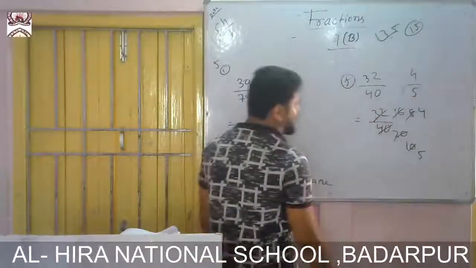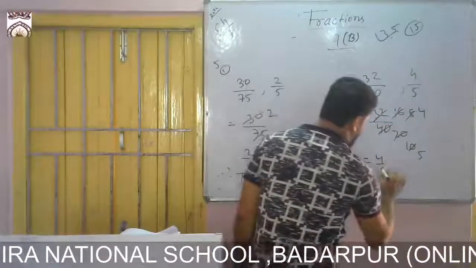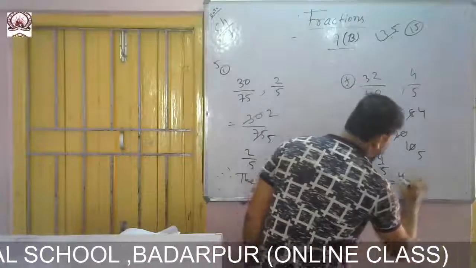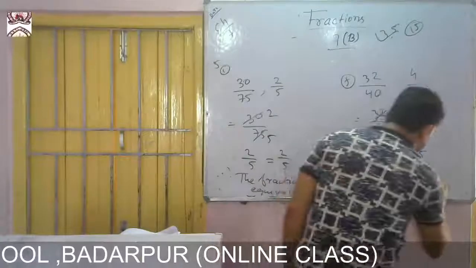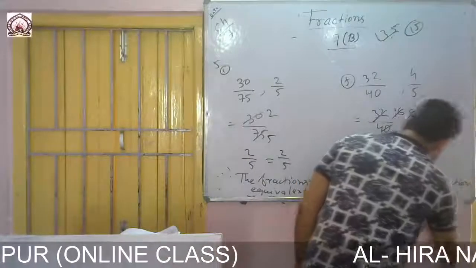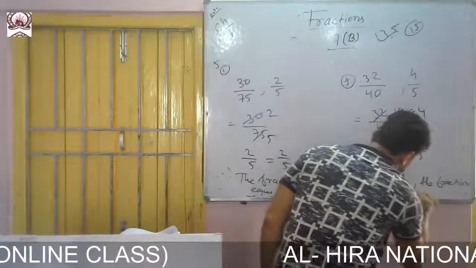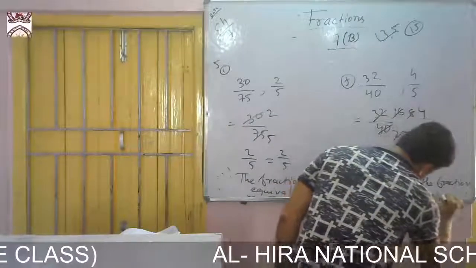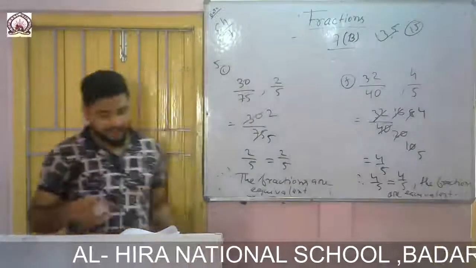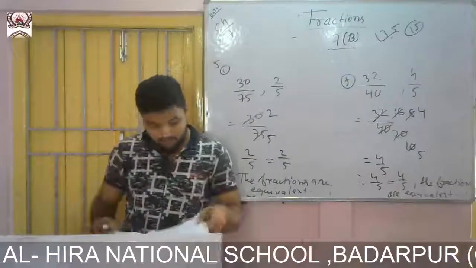So last came 4 by 5. Therefore 4 by 5 equals 4 by 5. So the fractions are equivalent, okay, both are matching, equivalent, okay.